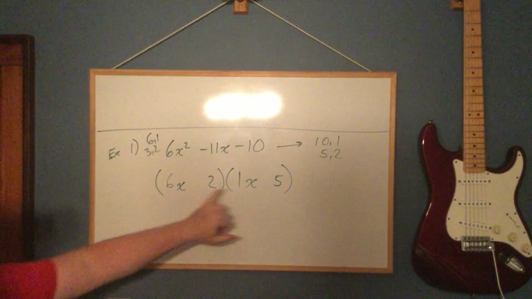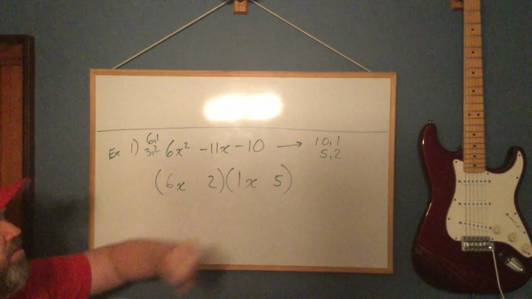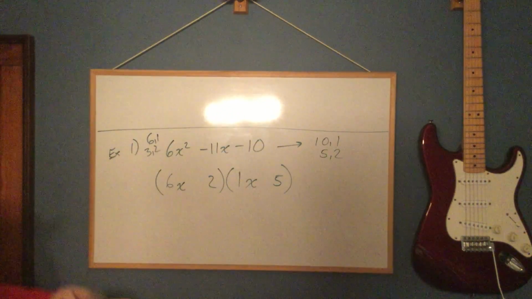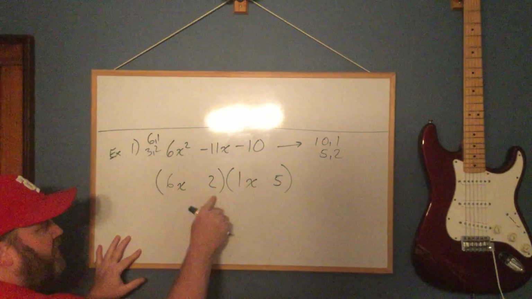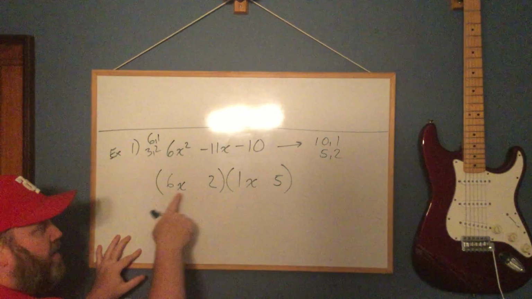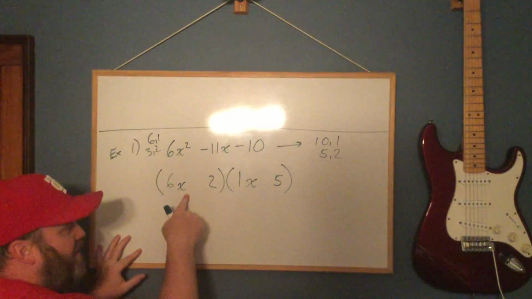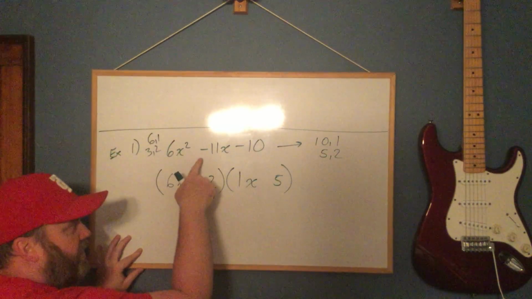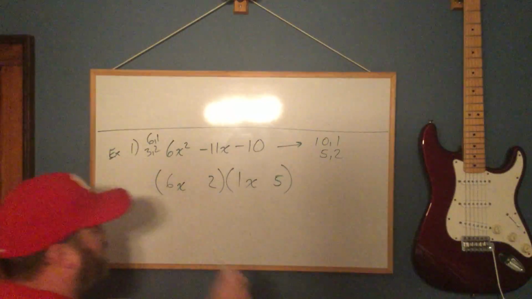Now, 6 times 1 is 6, and 2 times 5 is 10, but I automatically know this one isn't right, because this factor right here of 6x and either plus or minus 2 has a greatest common factor of 2, doesn't it? None of these can have a greatest common factor if there isn't a greatest common factor up here. So that helps us eliminate some of them.